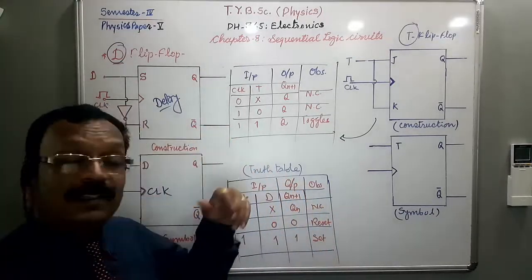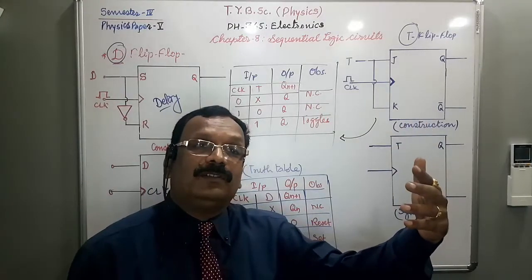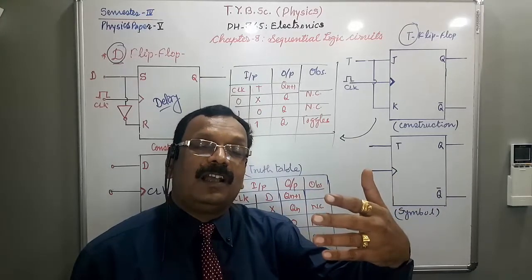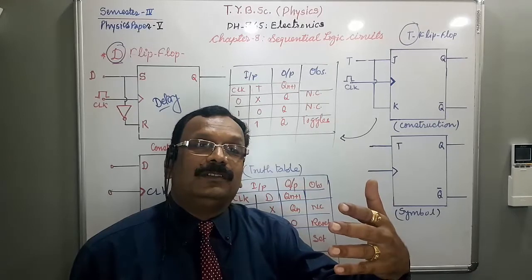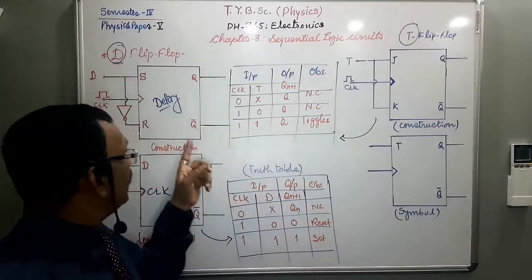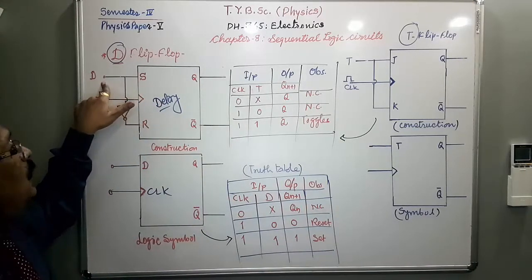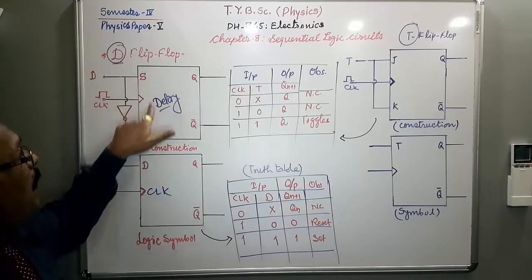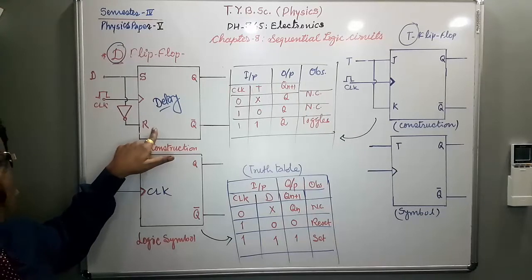How is the problem solved? In RS flip-flop, when both the inputs are 0, the output is invalid. Here this is not the case. Here a single input is given. When D is equal to 0, S is equal to 0, and its complement, that is the inverter output, R, is 1.